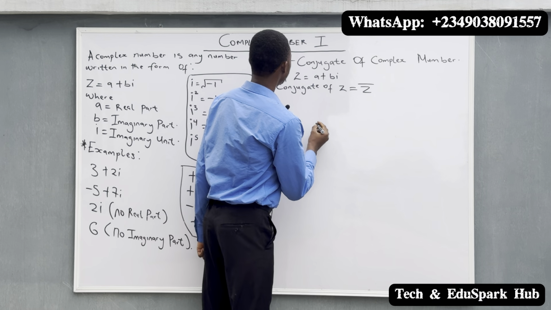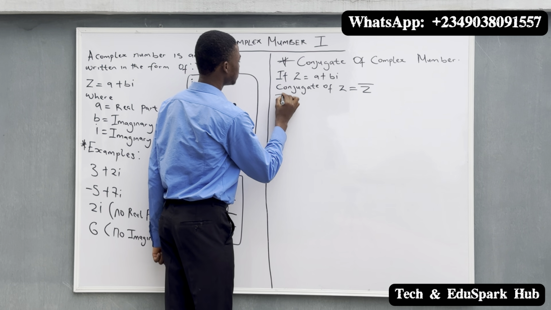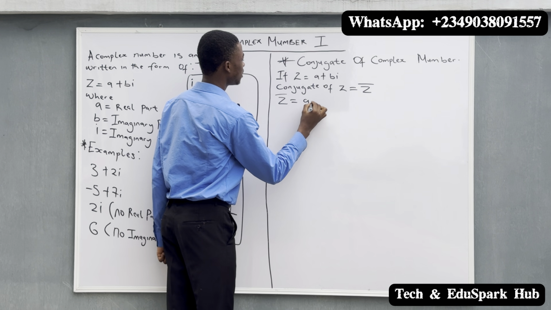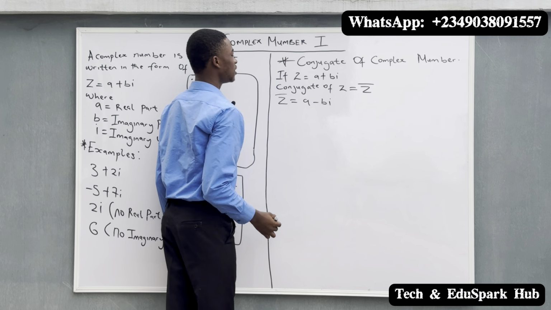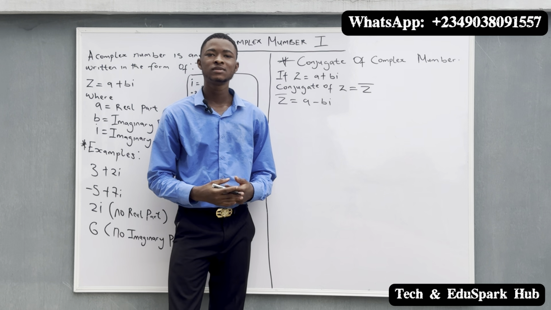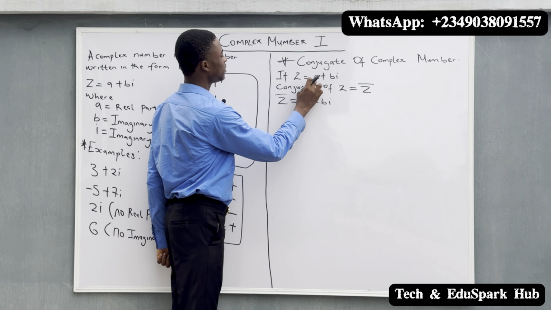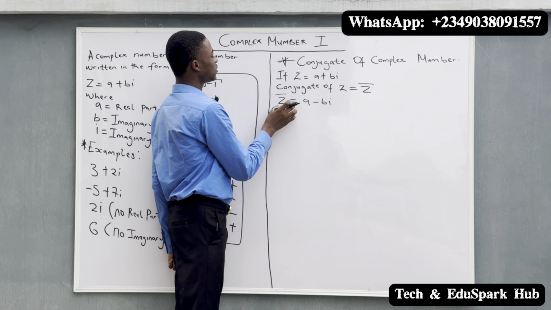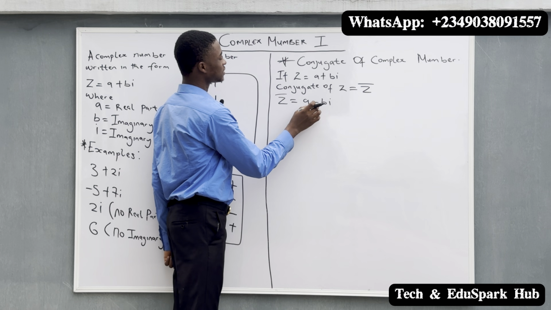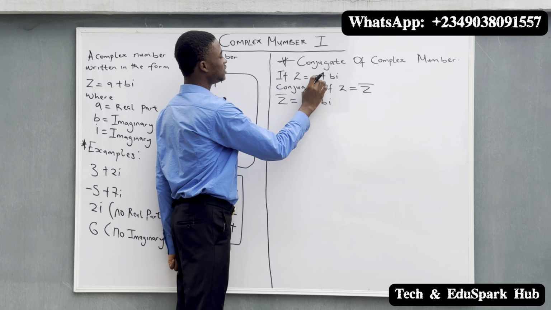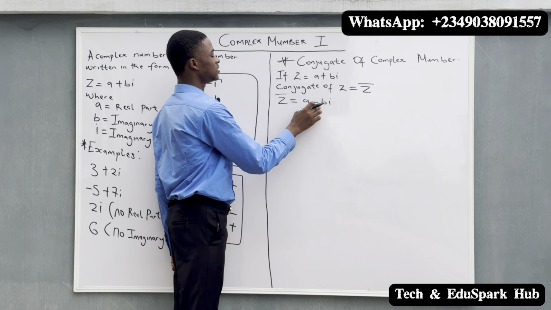And the conjugate of Z will be given as A minus BI. So what the conjugate means is just interchanging the sign, because in this case we have Z equal to A plus BI. So when we want to find the conjugate of Z, it will be given as A minus BI. So you just have to change the sign to the opposite sign, which is minus in this case.